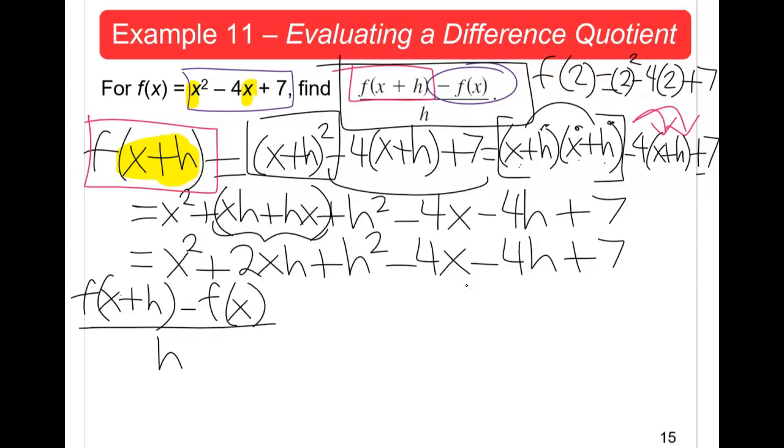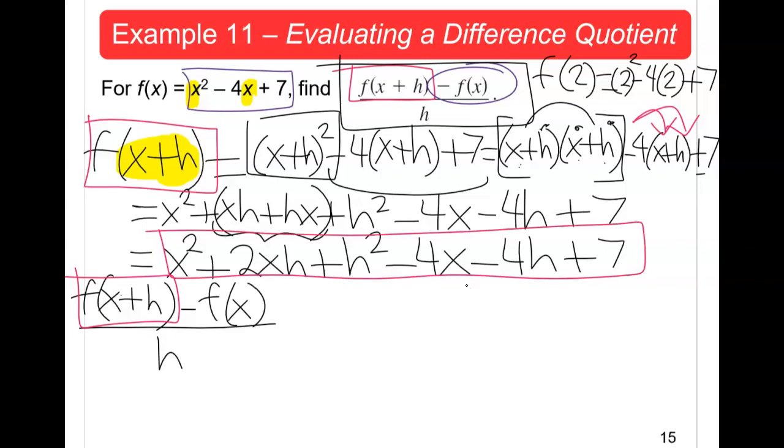So this part here, we already have it. It's the answer, the long answer that we got. So I'm just going to write that down. x squared plus 2xh plus h squared minus 4x minus 4h plus 7. Then we are going to subtract the original function.